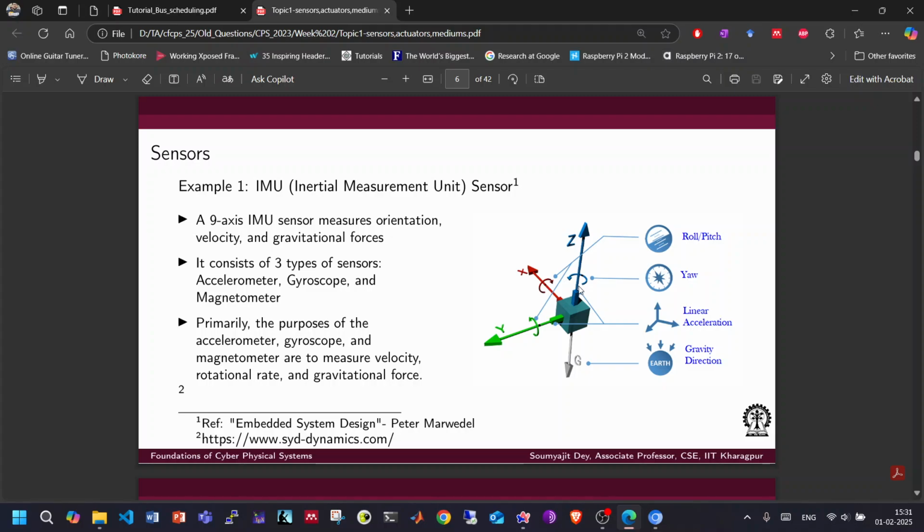This gives you 6 DOF, and if you measure the velocities along with the accelerations, that gives you 3 more measurements. So these are the 9-axis IMU sensor measurements, and they help you understand the orientation of the object, its velocity, and the gravitational forces, which are measured using the magnetometer.